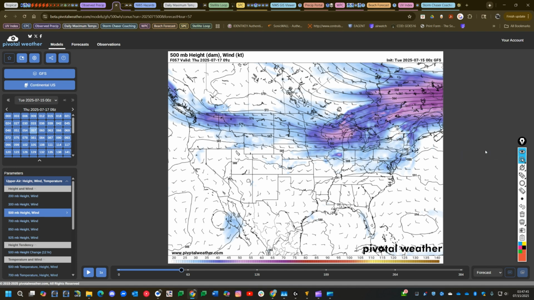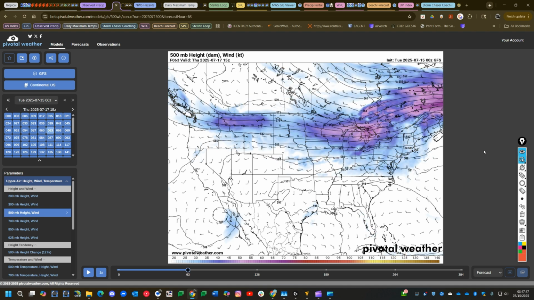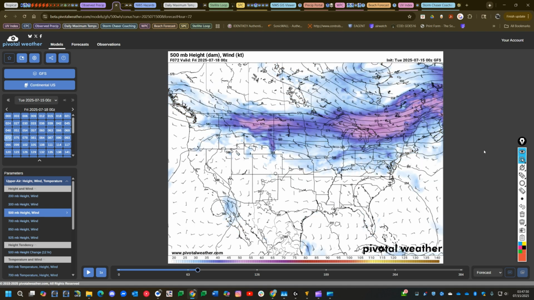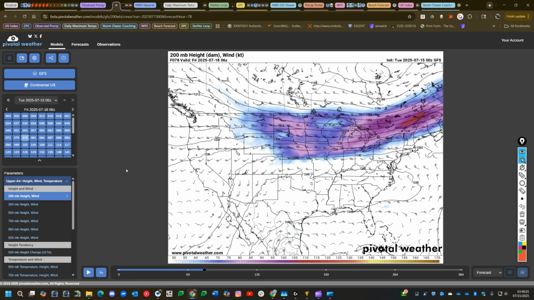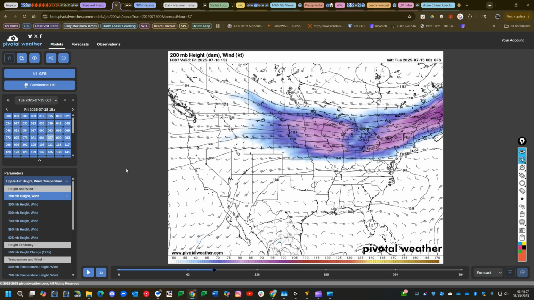This is Thursday. You can see broad high pressure, just not a lot at the mid levels. It's not reflected very well. So I'm going to go back up to the upper levels to get a better depiction of this. You can see the high pressure kind of flattened out here. This is on the 18th.